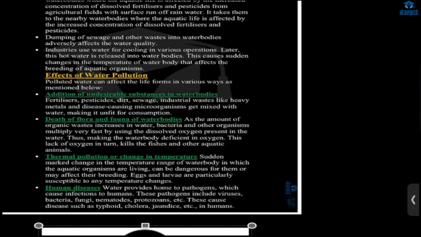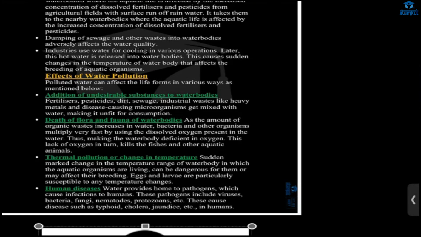Okay, the aquatic animals and the plants present in the sea also, they will be getting affected because if the organic waste will increase, right? Because of that, bacteria and microorganism, okay, they will multiply faster and they will be using the dissolved oxygen.